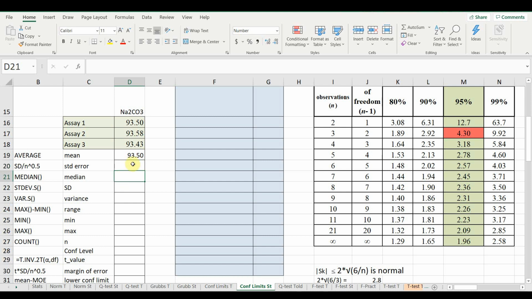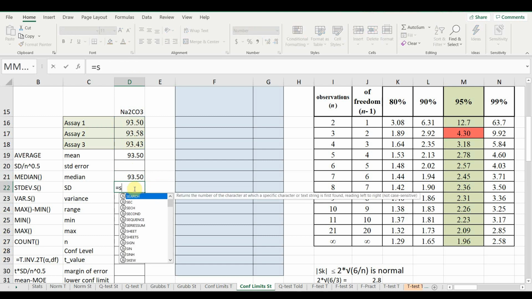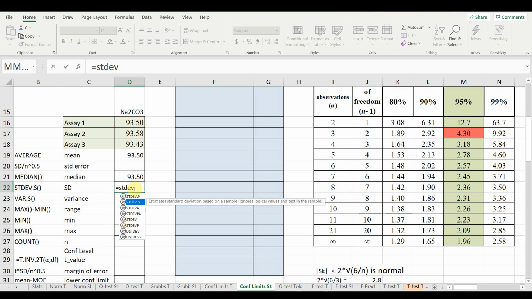We'll come back to the standard error when we get other data. Let's get the median, equals MEDIAN, tab. So the median is simply the middle value. The standard deviation of the sample, equals STDEV.S, tab.